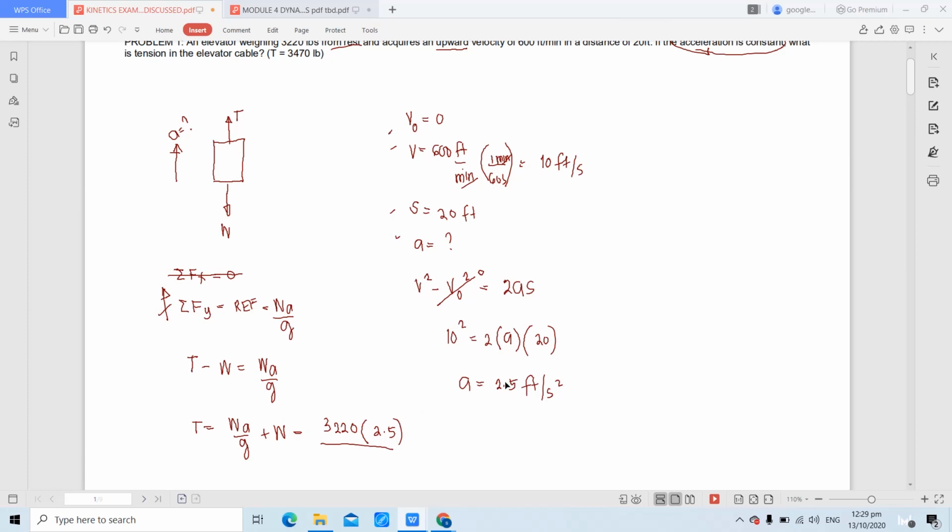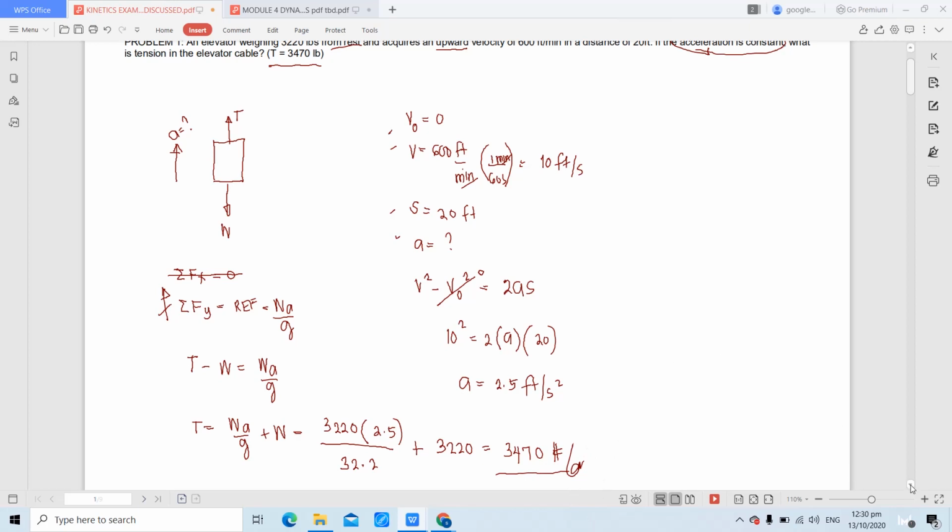This is in feet per second squared, therefore G is 32.2. Plus weight, 3,220 pounds. What will be the value of our tension in the cable? 3,470 pounds. And that will be the requirement of this problem. The given answer is written there. So, we are correct.